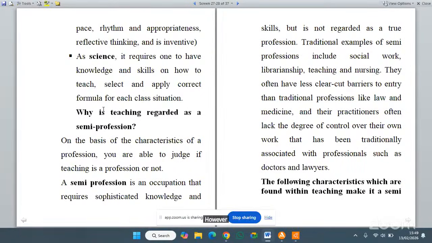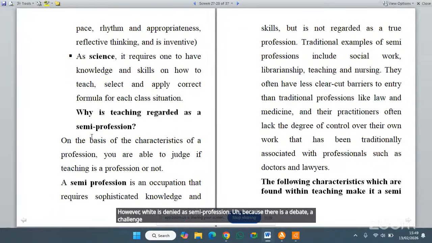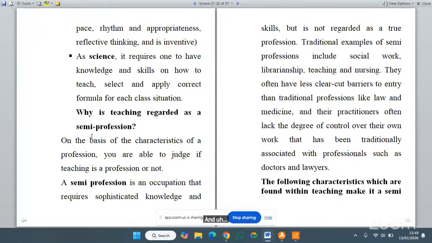However, why is it regarded as a semi-profession? Because there is a debate, a challenge, that has not come to a conclusion on whether teaching should be classified as a profession or not. And some have continually placed teaching in the realm of a semi-profession.